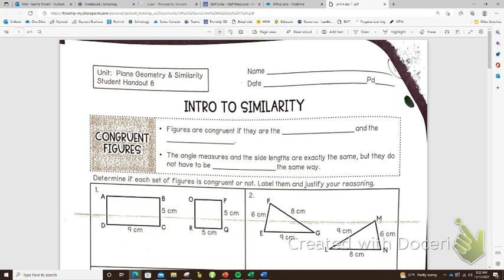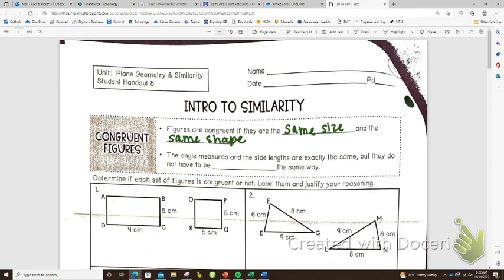Figures are congruent if they are the same size and the same shape. That means that they are exactly the same.